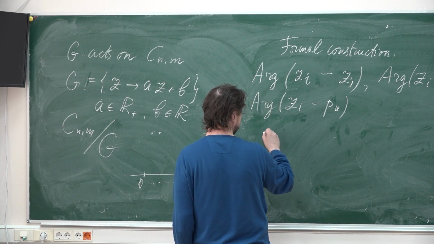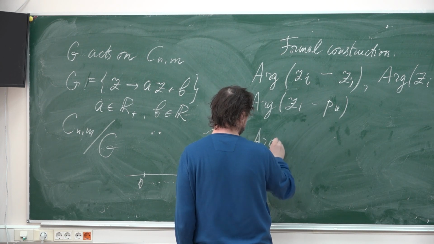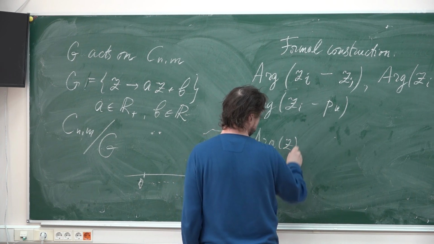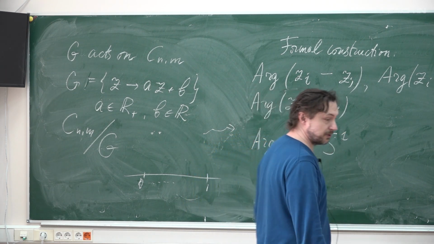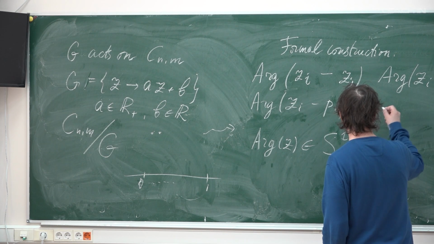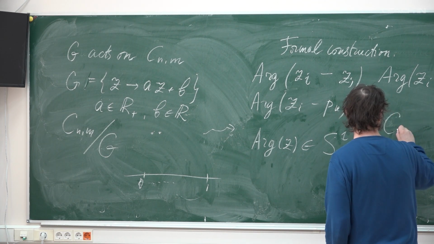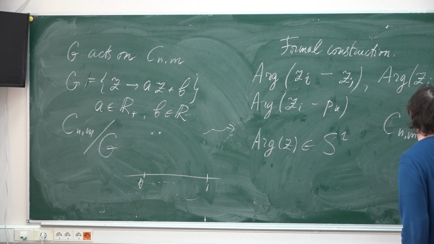But what is an argument of a complex number? Argument of a complex number is an element in the group S1, group of unit vectors on the complex plane, right? So I obtain in this way a map from C and M into the direct product of a certain number of circles.